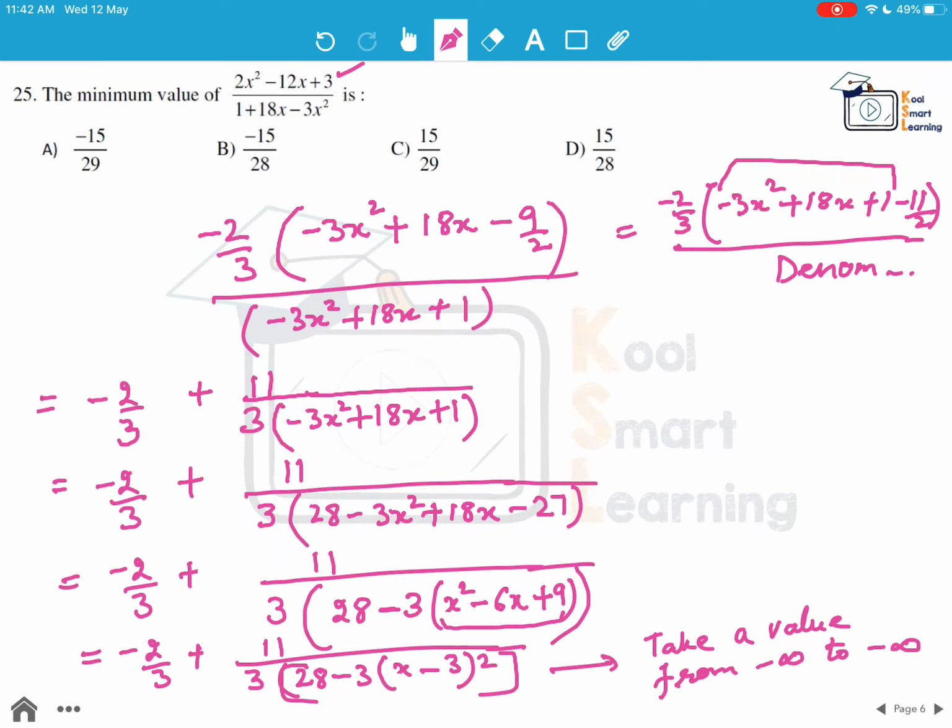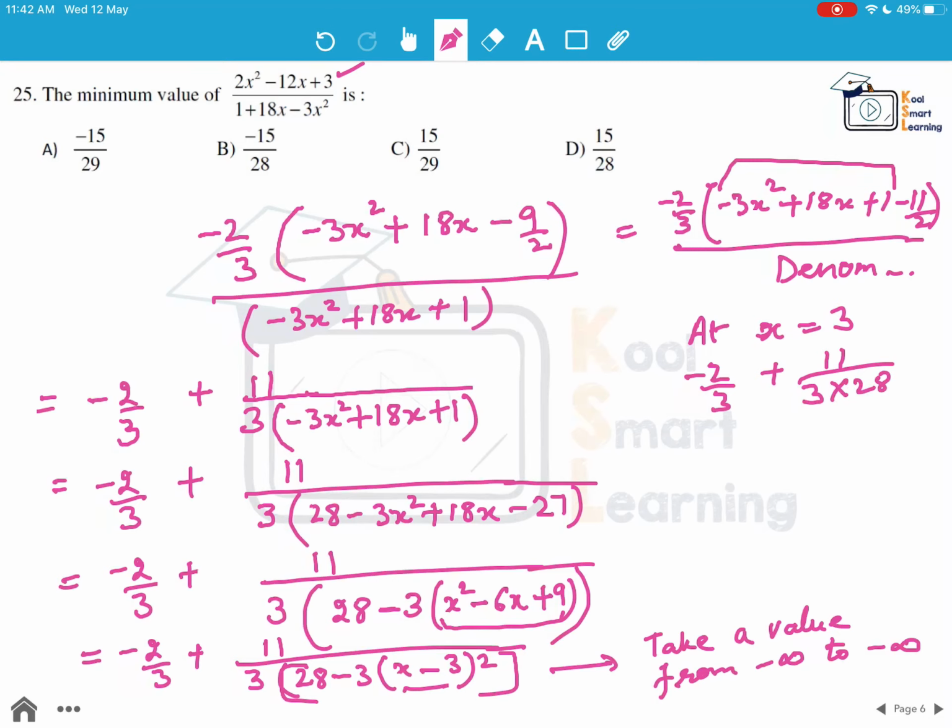What will be the minimum value of this expression? So if we take x equal to 3, this perfect square becomes 0. So what we get is minus 2 by 3 plus 11 by 3 into 28.